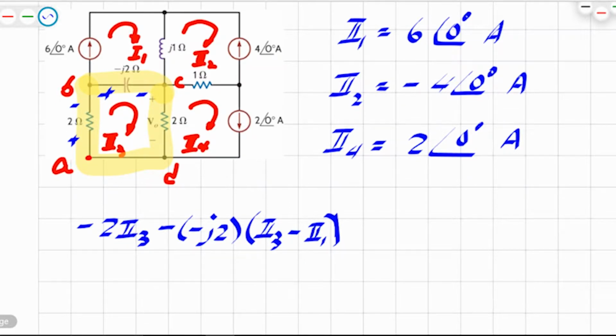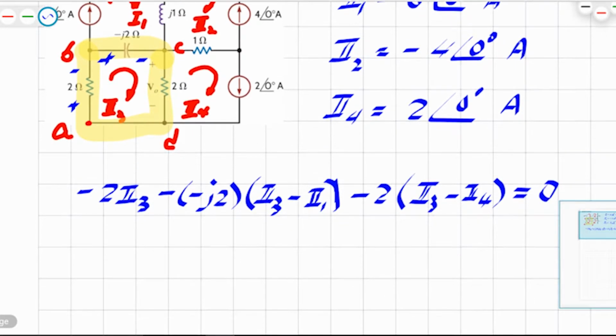Same thing when we come across from C to D, we see a negative 2 times the net current, and that is I3 minus I4. And finally, we come back to A, the same node, and that is equal to 0. So we summed everything up.